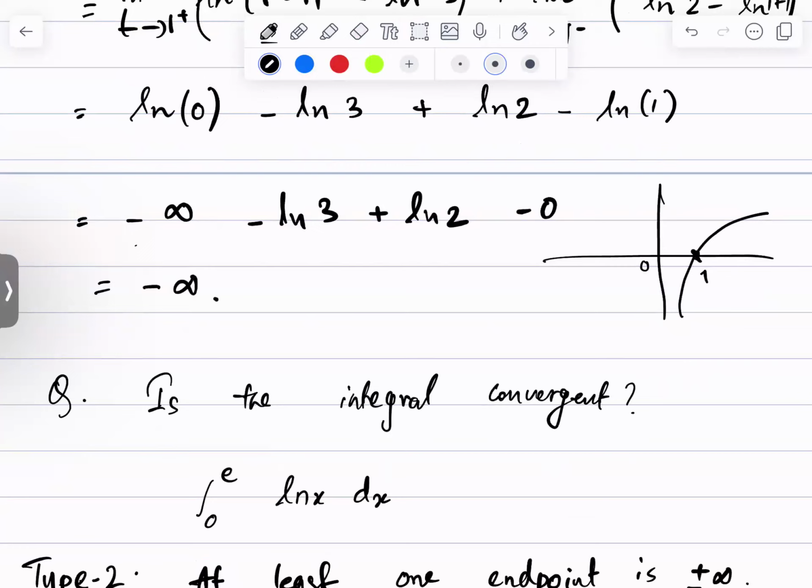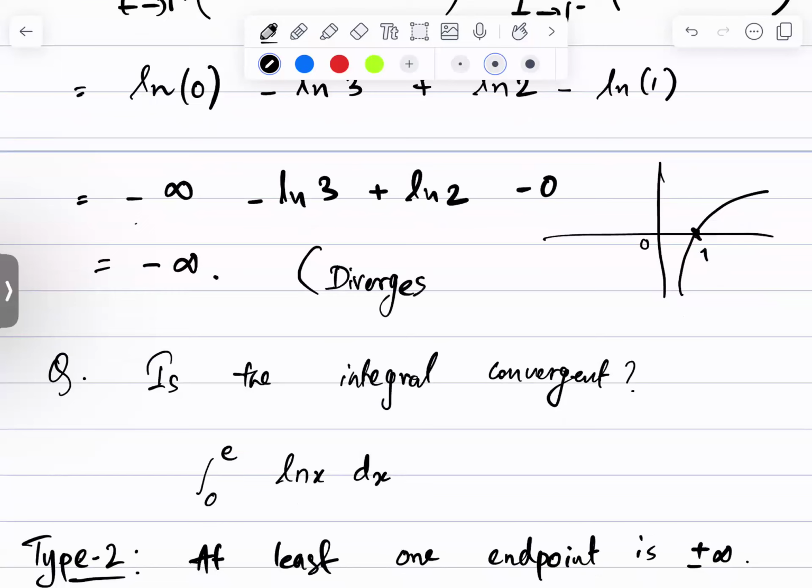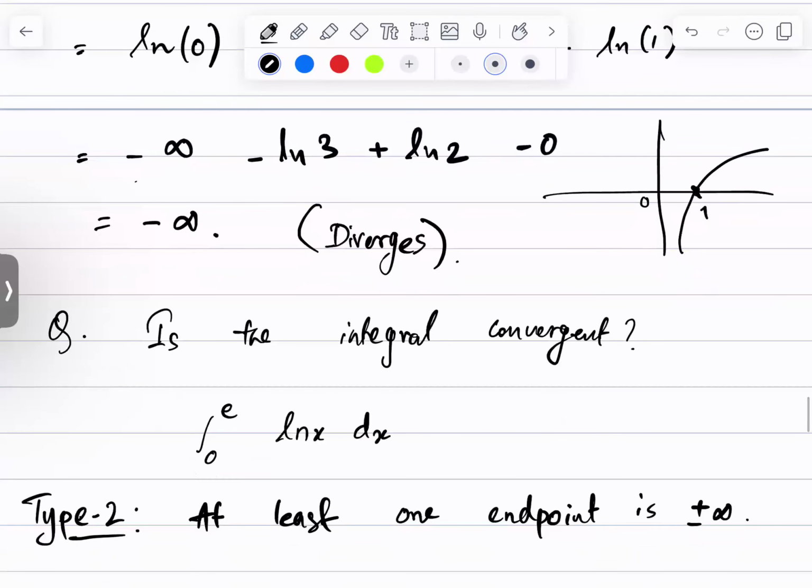That's it. So you can say that this diverges, right? We'll say the improper integral converges when you have some finite value there, no infinity.